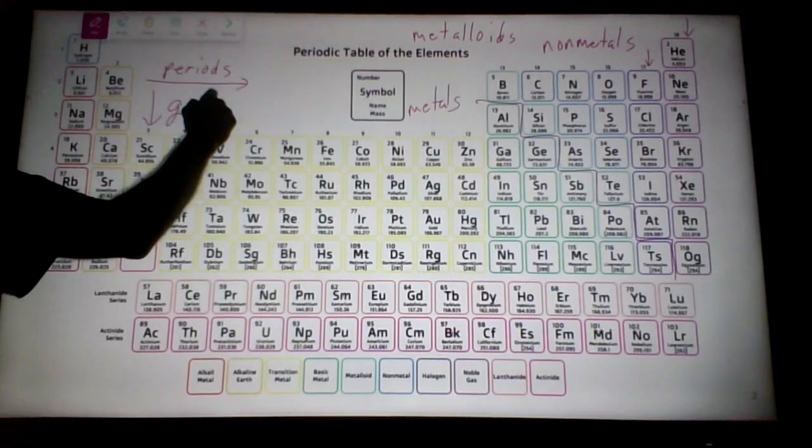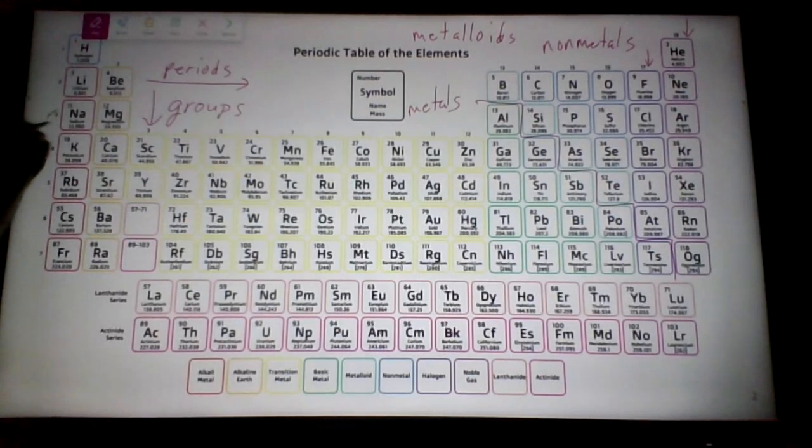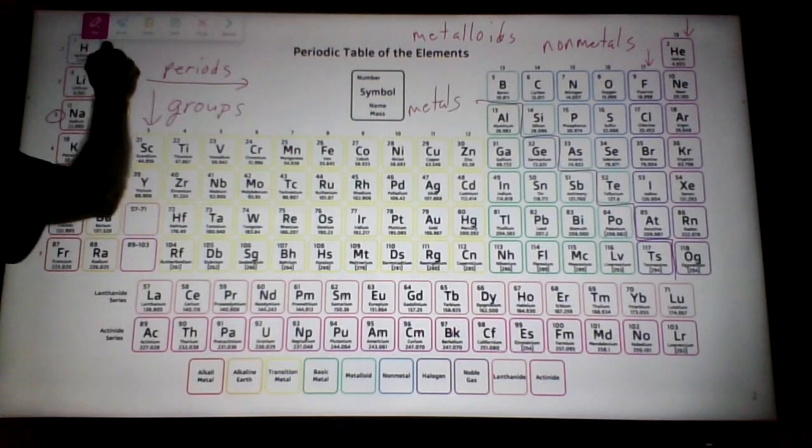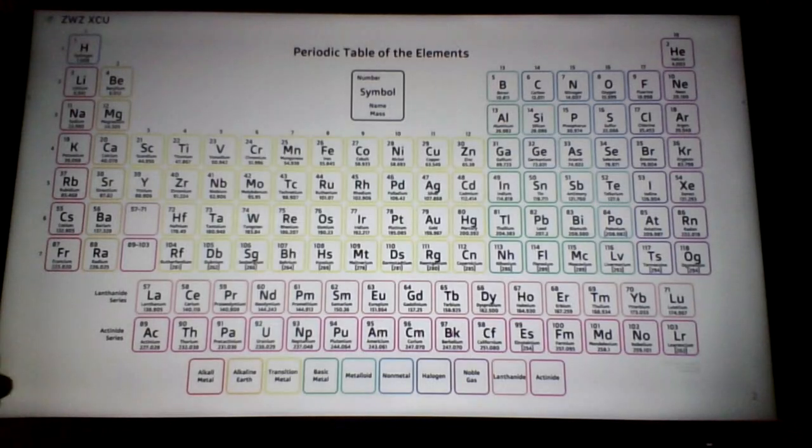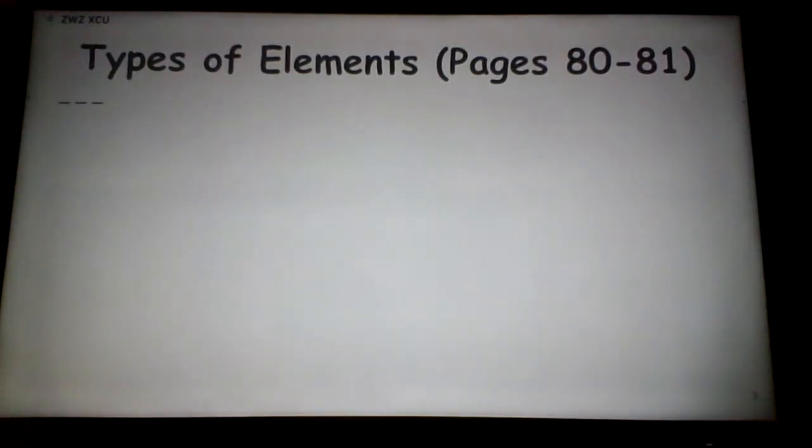These are the columns that go down. So this period number 3 and this group 2, which is also known as 2A, those numbers have some meaning, and we'll talk about those as we go through this session. Are we ready? And here we go.